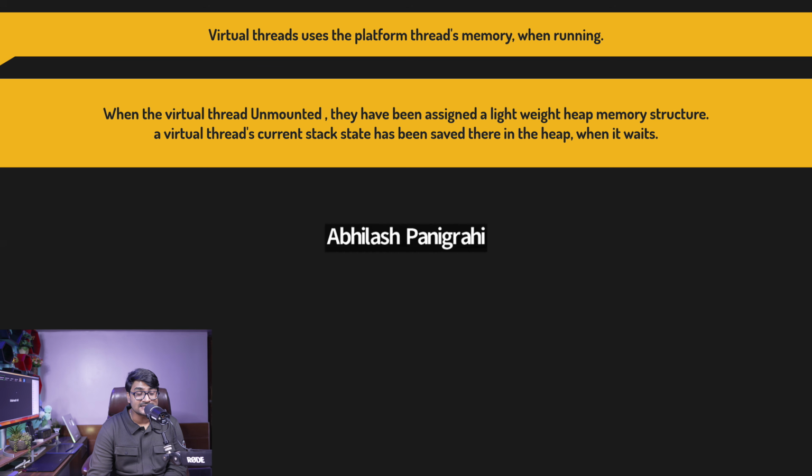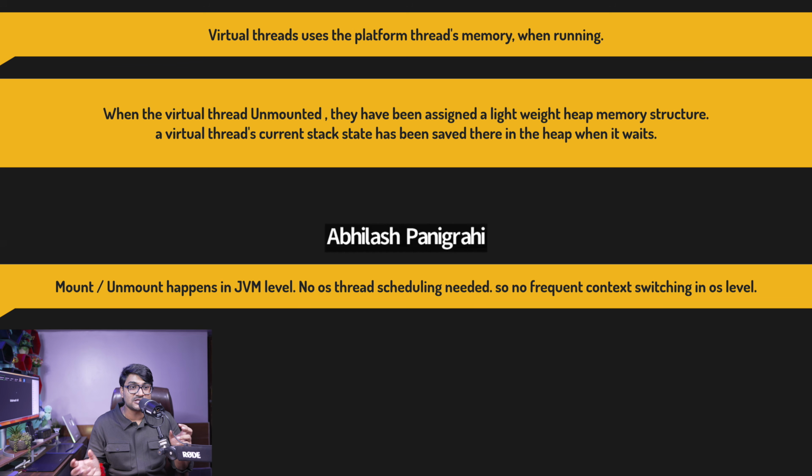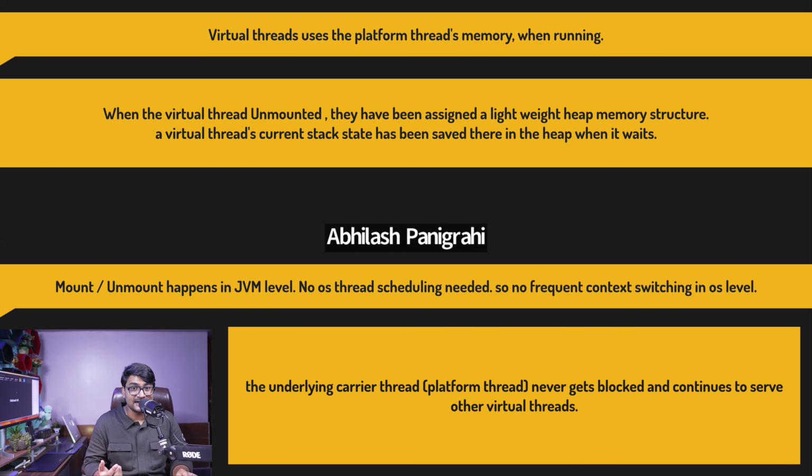One thing you have to understand is that there is no context switching going on in virtual threads, because it's simply mounting and unmounting. The JVM parks the thread by unmounting it if it is doing any blocking operation. Behind the scenes, context switching is not happening at the OS level.